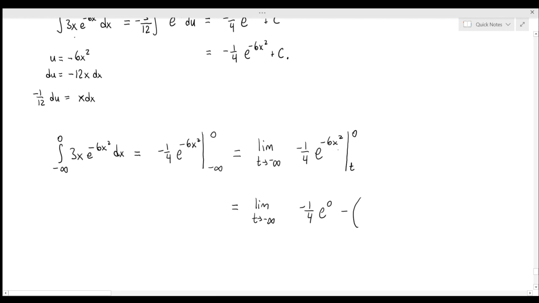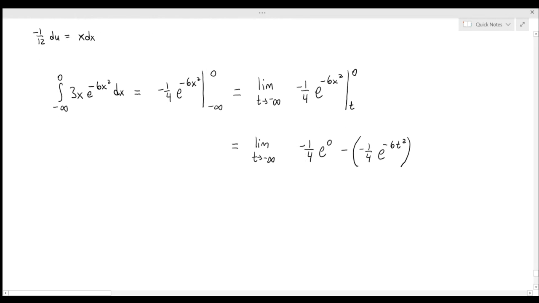So when I plug in t for x, I'm just going to get negative 1/4 e to the negative 6t squared. Okay. So I'll simplify a little bit. All right, so as I said, e to the 0 is 1. And here we've got a double minus, so I'll write it as plus 1/4 e to the negative 6t squared.